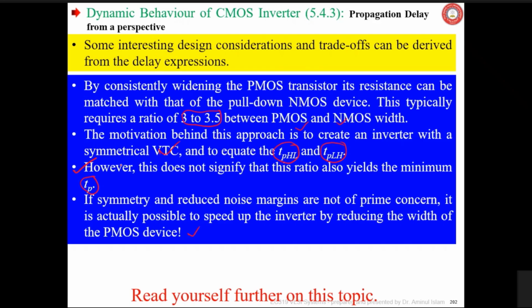Why is he telling this statement? Can somebody tell? See, once you are increasing the width of the MOSFET to match up the NMOSFET strength or current driving capacity, what may happen is you are going to increase the drain diffusion capacitance of which MOSFET?